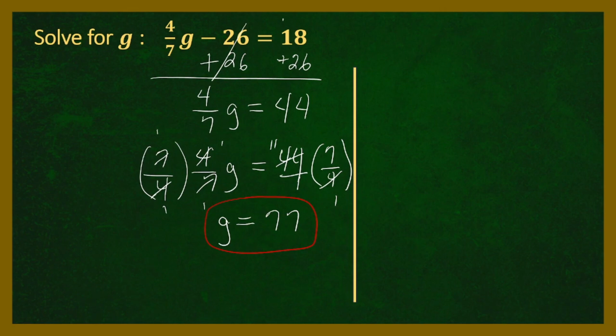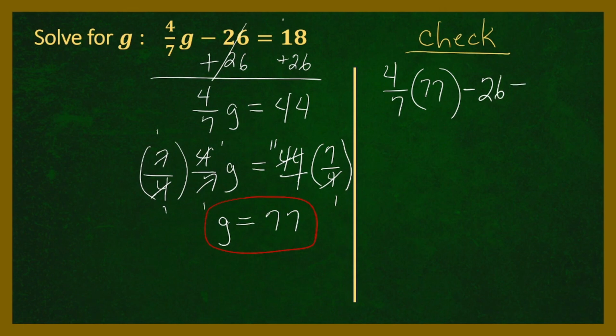Now we're going to check our answer by plugging in the value of G into our original equation. So G is 77. So we have 4/7 times 77 minus 26 is equal to 18. When we reduce our fraction, 7 goes into 7 one time.